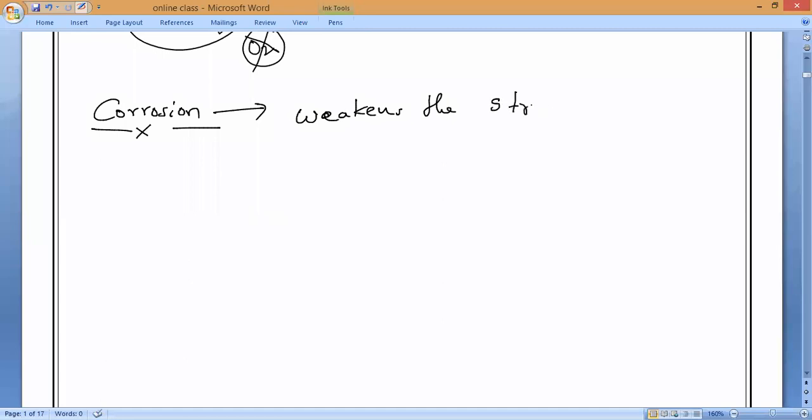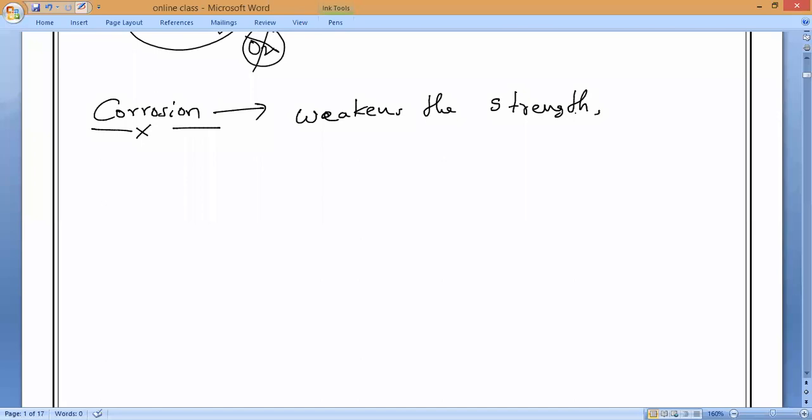Everywhere you can notice it: railings, car bodies, bridges, ships, and so on. As I told you, every year hundreds of millions of kg of iron are corroded and lost because of this corrosion alone.